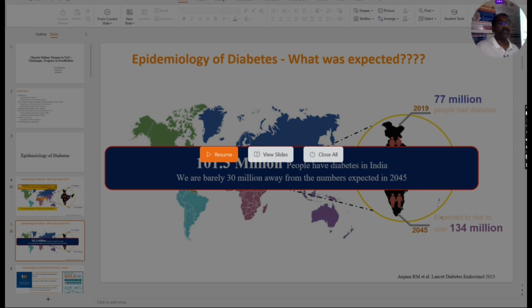What is more important here is the control of diabetes. You all know that good control of diabetes is to keep your HbA1c at or around 6.5, maybe not more than 7. But unfortunately, more than 75% of people in India are living with HbA1c beyond 7. You will be surprised that the average HbA1c of our Indian patients is 9.4.